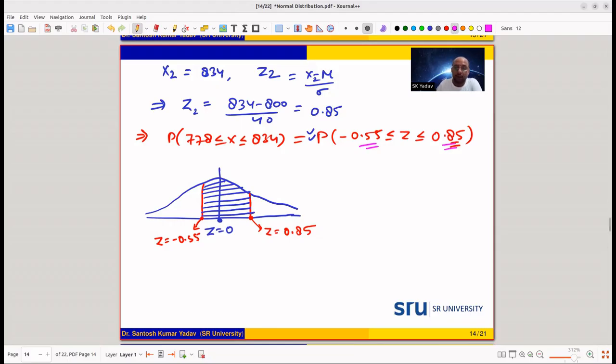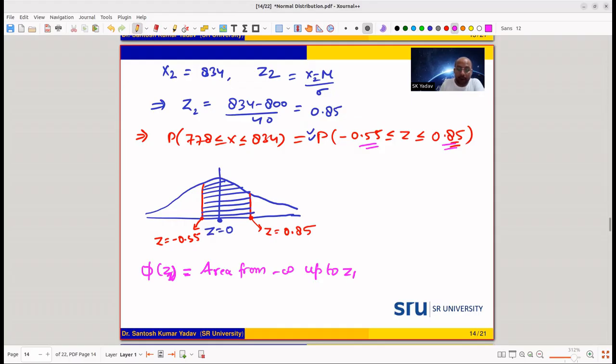So I have to think about the phi z function, which I mentioned earlier. Phi z function is the area under the curve from minus infinity up to z, or phi z1 if I say, so area from minus infinity up to z1, which is phi z1.